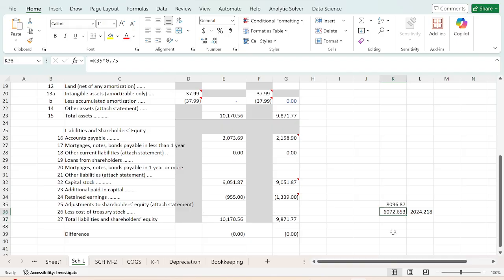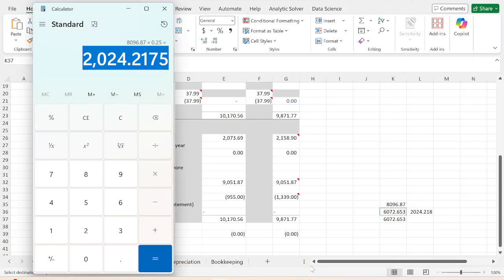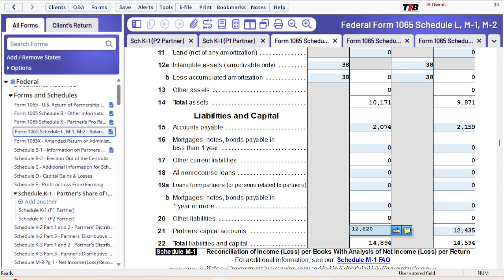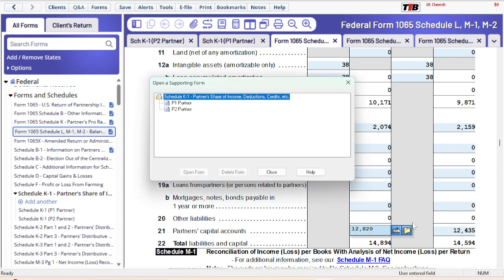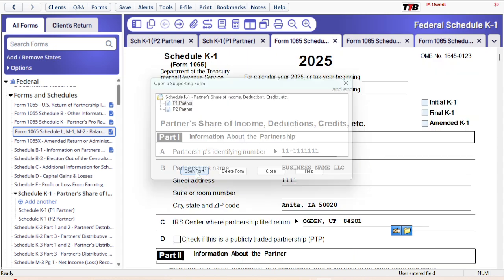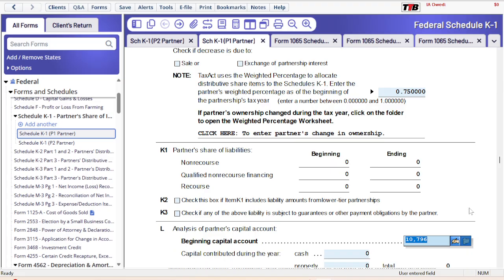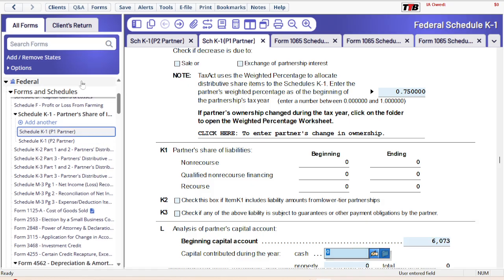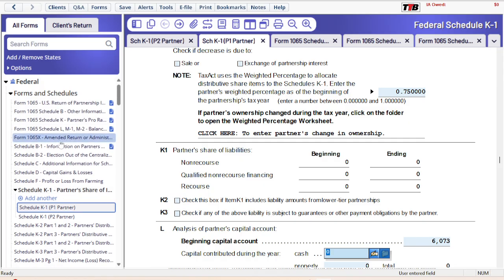This number is different from what we put down there before. So what kind of calculation did we do? Anyway, let's go back here and let's go back again to partner 1 and let's put that number, and I think it should fix it for us. Let's go back.